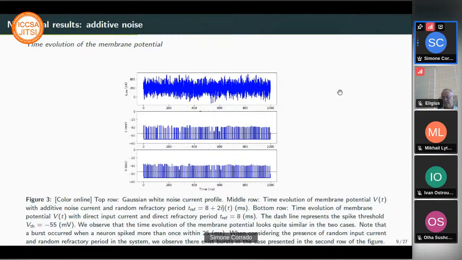There is a characteristic here which is quite important in the area of neurodegenerative diseases, which is the burst notion. Here the definition of burst means that the neuron spikes more than once within 25 milliseconds. And that's what you see for the random case, but you couldn't see that for the direct situation.